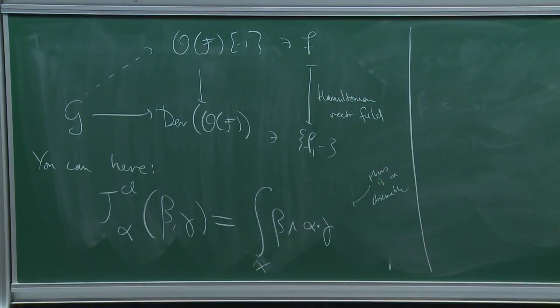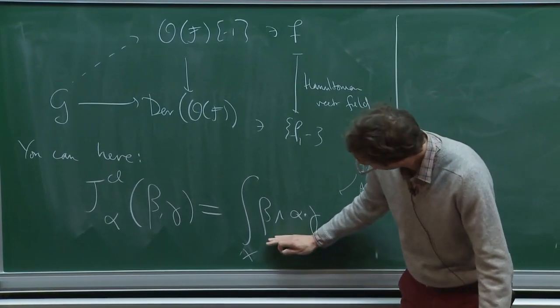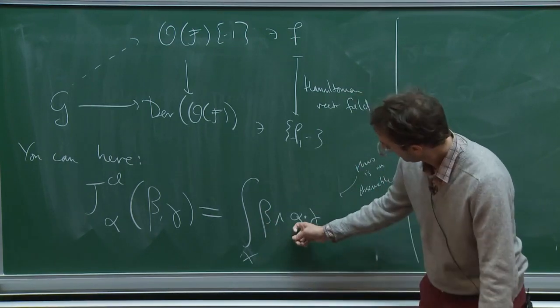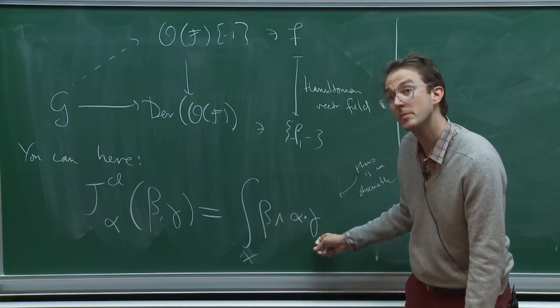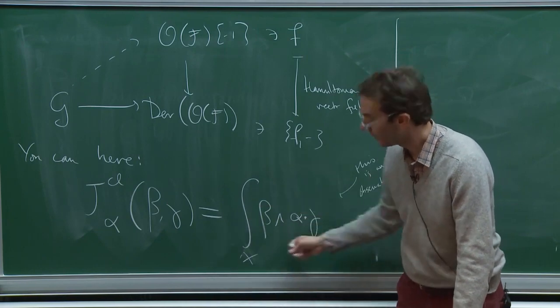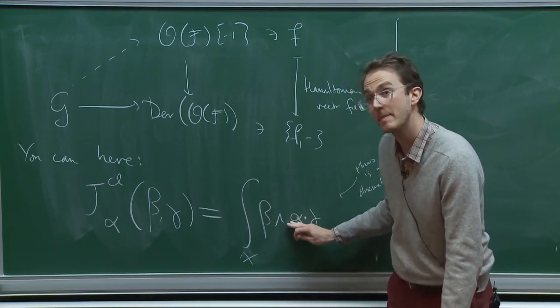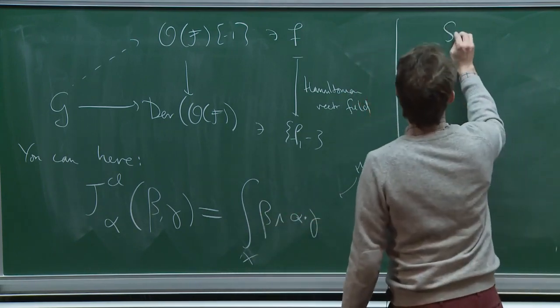I want to raise a simple but important point here, which is that this formula is very simple, but you could ask, when is it actually integrable? We want it to be an observable on all fields, so there's no reason to suppose beta or gamma are compactly supported. So if alpha were non-compactly supported, this whole thing might not be something you can integrate. So we're going to have to restrict alpha to be compactly supported to guarantee that you always get something you can really measure, so an actual observable.